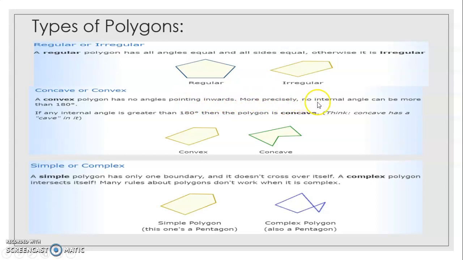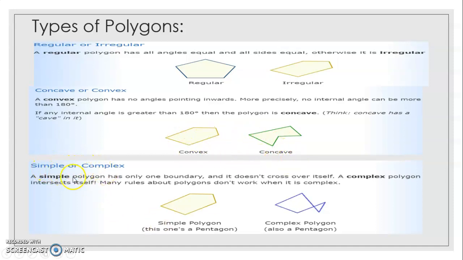More precisely, no internal angle can be more than 180 degrees. If any internal angle is greater than 180, then the polygon is concave. Think, concave has a cave in it. Interesting?